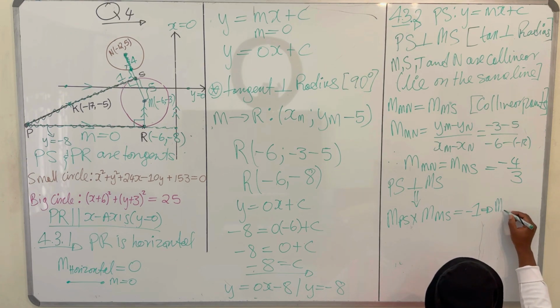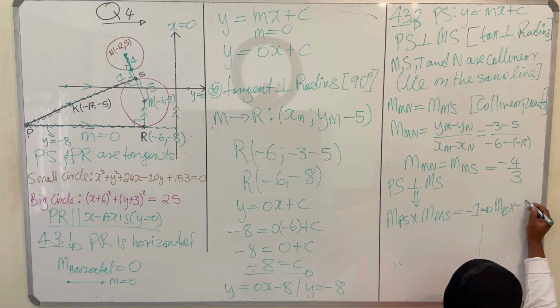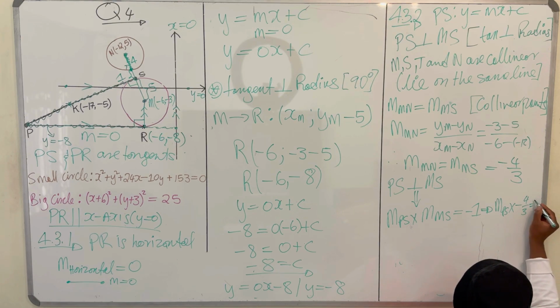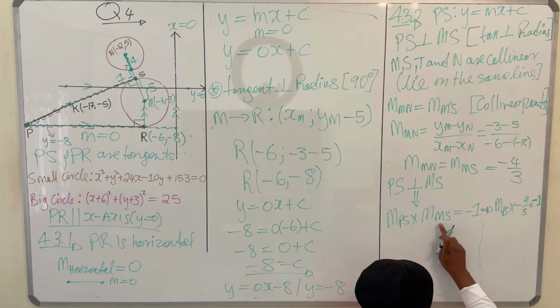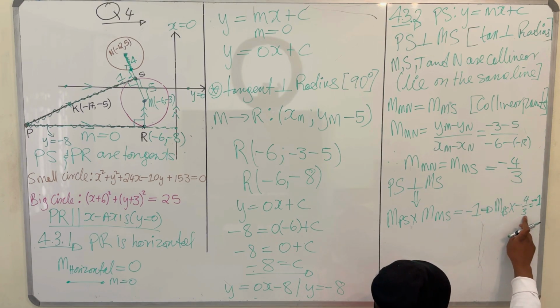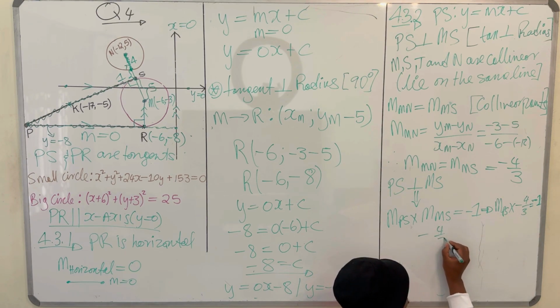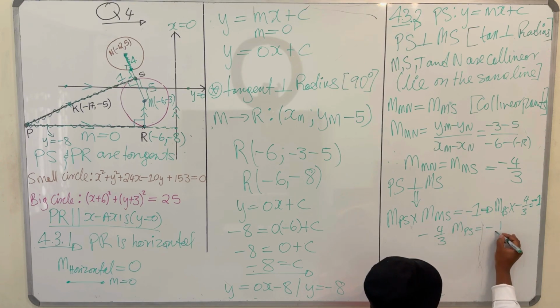So we say the gradient of PS times the gradient of MS, which is -4/3, is equal to -1.